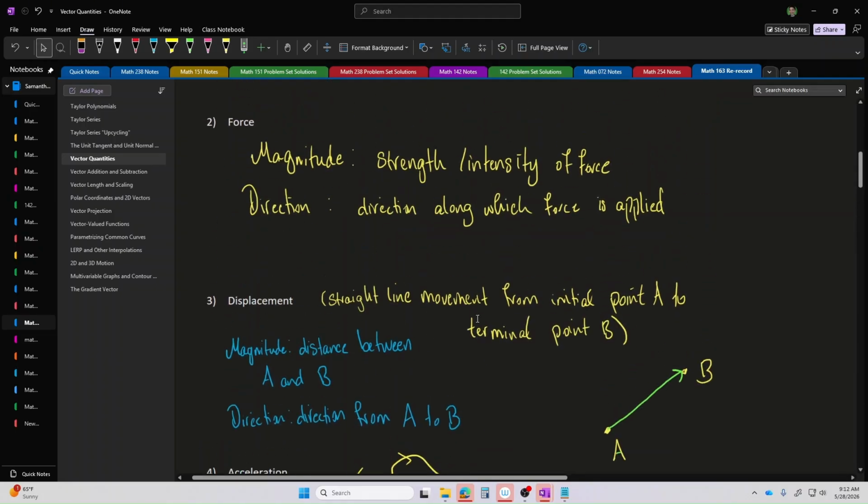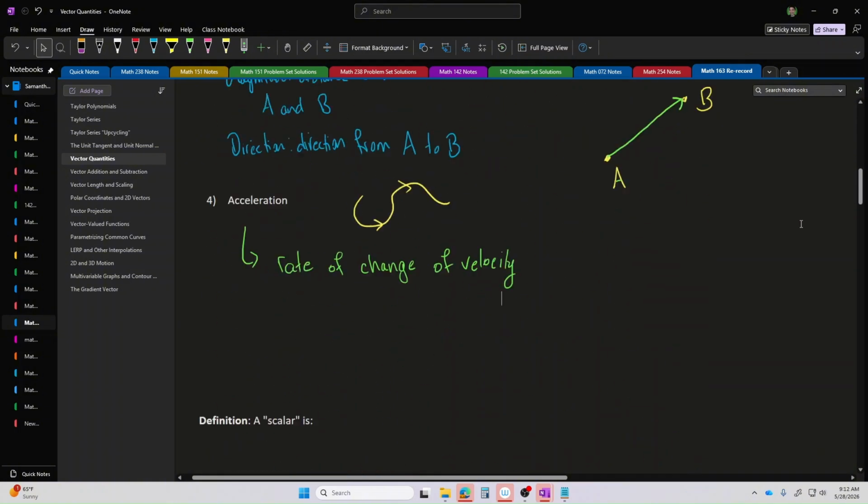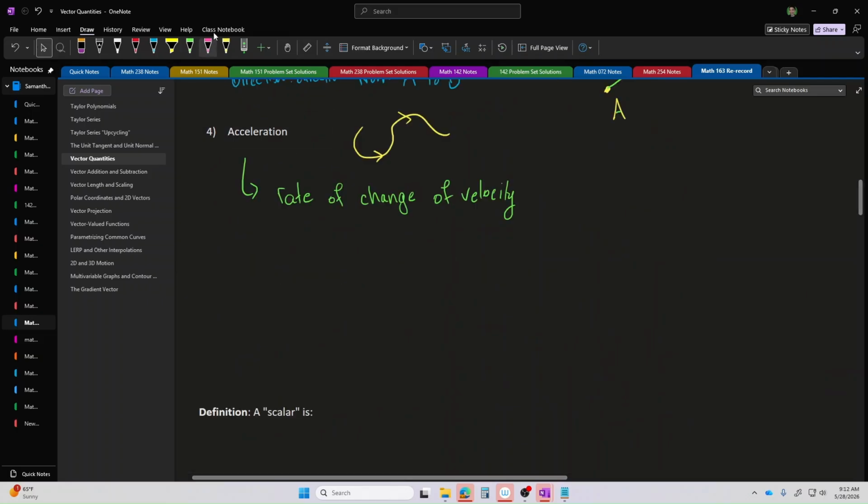So if velocity is a vector quantity, then its rate of change will also be a vector quantity. The direction and the magnitude of acceleration actually convey quite a bit of meaning, so we'll have a couple of lessons later on in this course where we study the magnitude and direction more carefully for the acceleration vector.